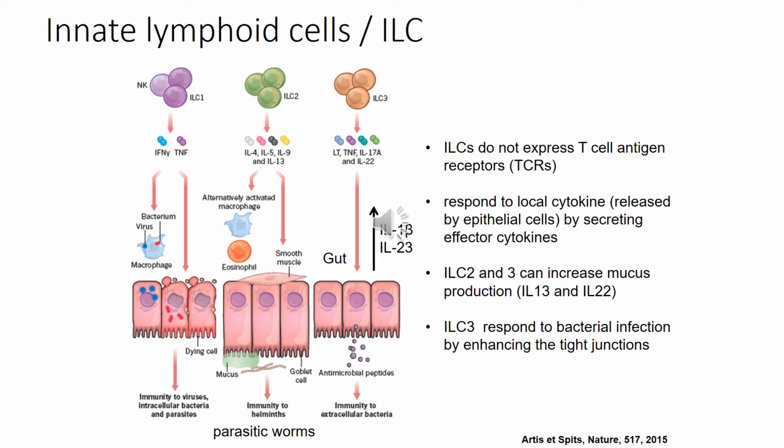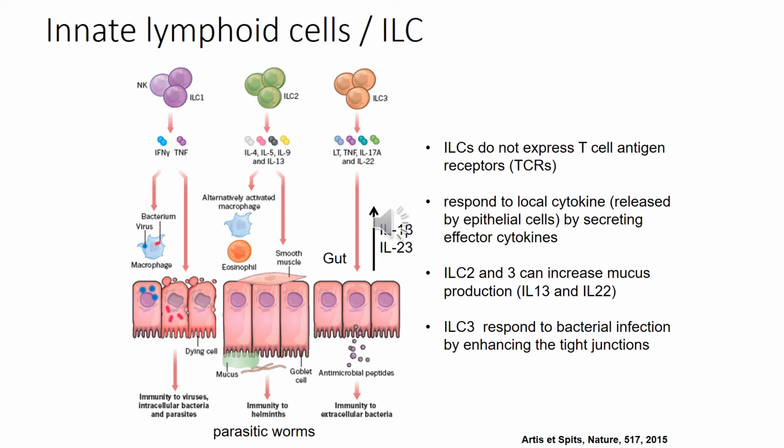So what are the different ILCs doing when they sit there in the epithelium? The ILC1 is causing the macrophages to start to break down bacteria and virus, and it increases nitric oxide production in macrophages. It confers immunity to intracellular bacteria and viruses. The ILC2 are implicated in allergy, but their actual function is to clear off helminths from the mucosal surface.